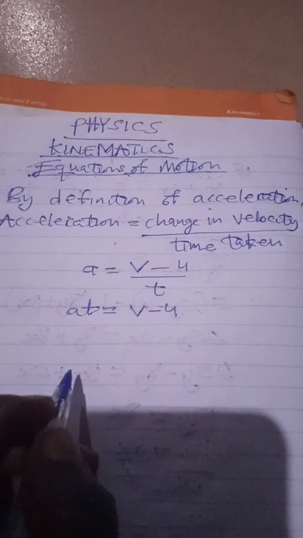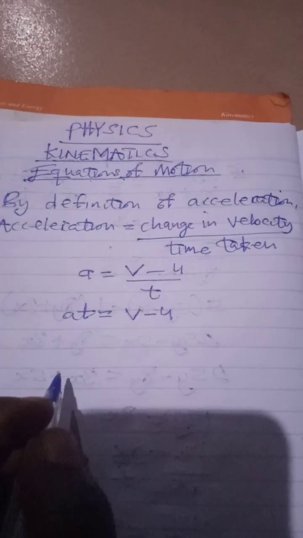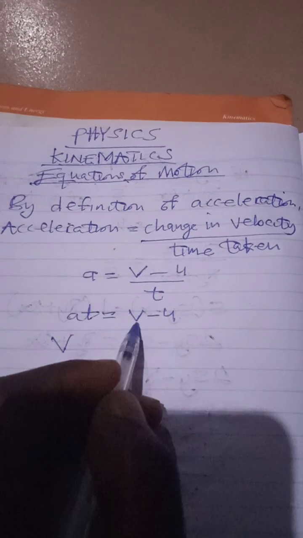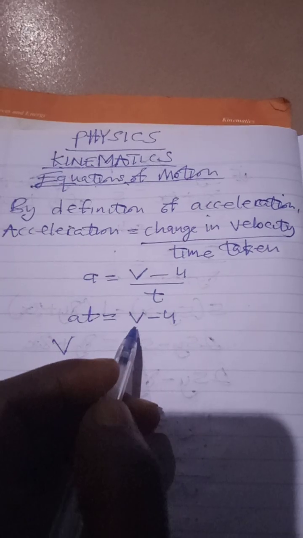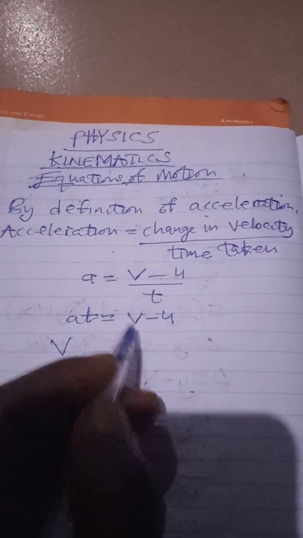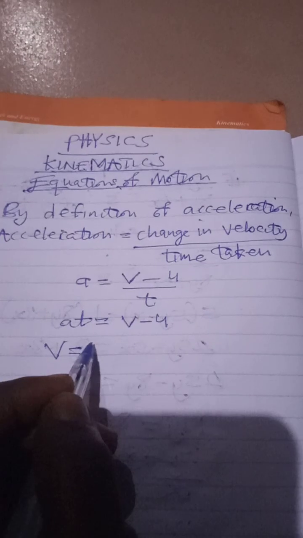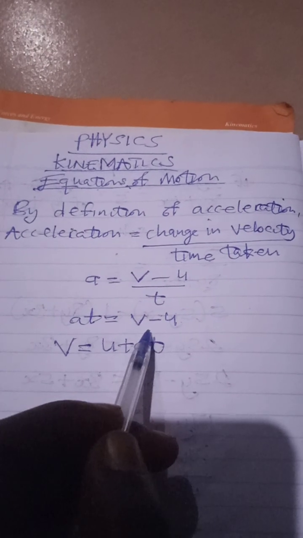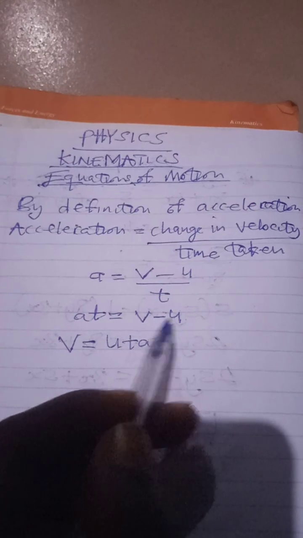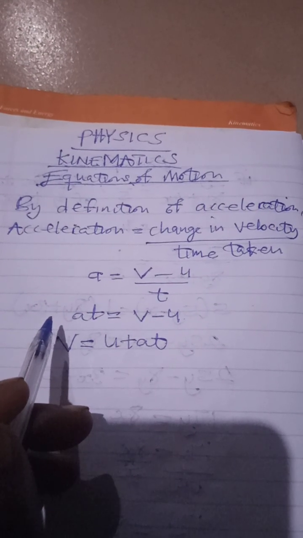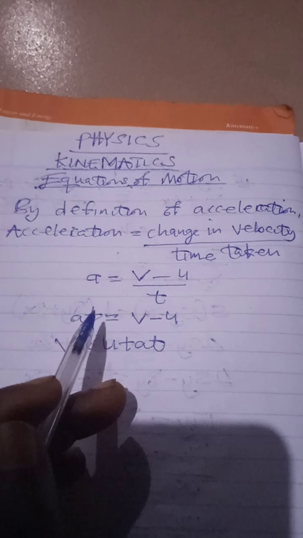Therefore v is standing alone, right? Because v is standing where it is, then u will move to this side and become positive. So v is equal to u plus at.